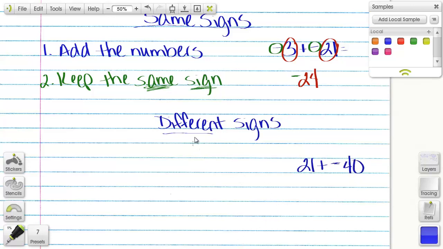Okay, the signs are different because we have a negative here and a positive here. It doesn't say positive, but we know it's a positive. When the signs are different, you're going to subtract. I know that may seem weird, but we're going to talk about that. You're going to subtract. So I have 40 minus 21, and that's going to give me 19.